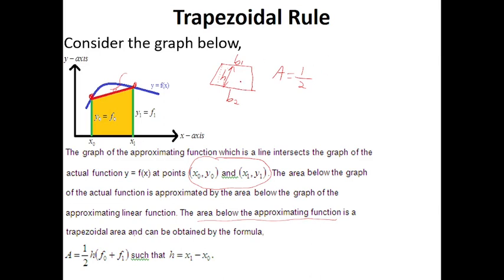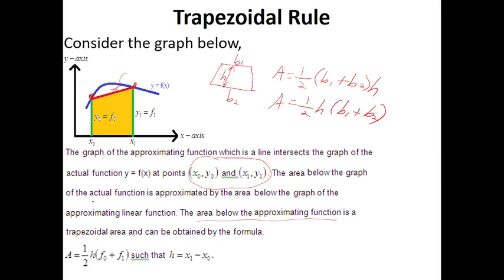The two bases are parallel, take note. So 1 half of the sum of the bases, b1 and b2, multiplied by the altitude or the height. So that's the formula. That's why this becomes 1 half h b1 plus b2. That's the area of the trapezoid.